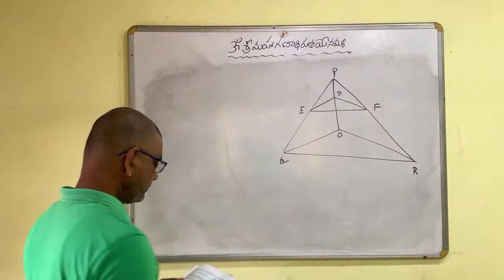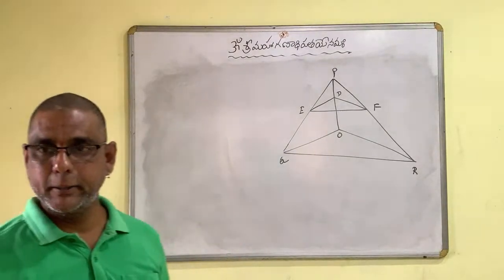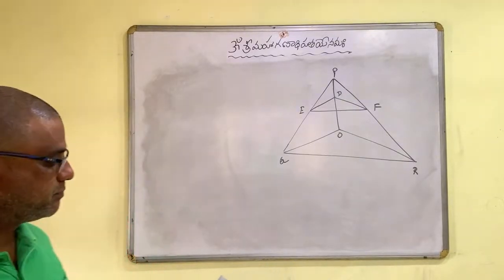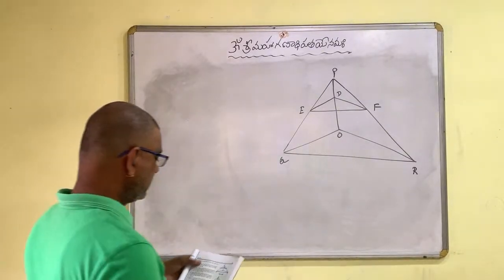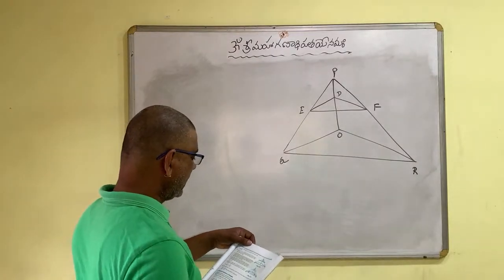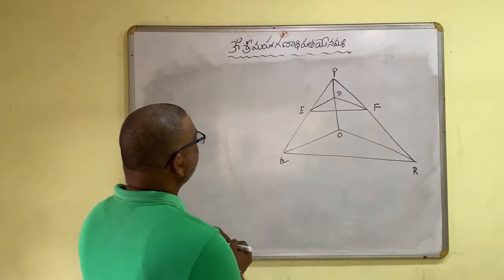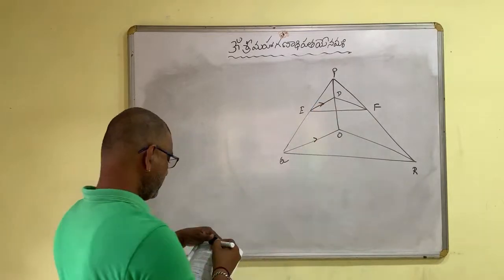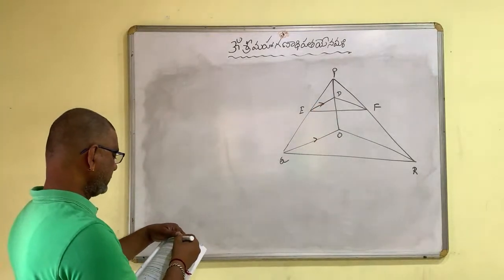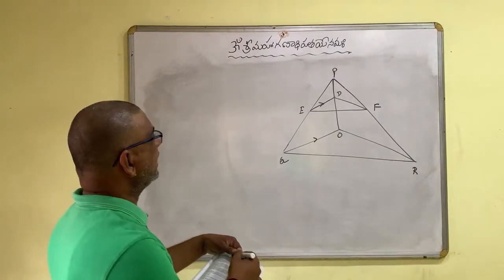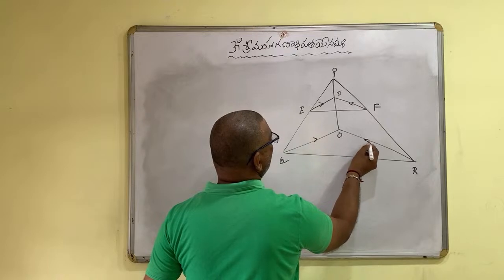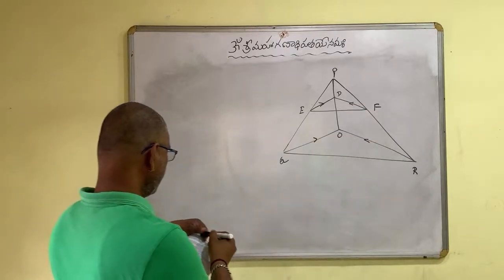Okay, na? This is the figure. What is given? DE parallel to OQ. These two are parallel. The other one is DF parallel to OR. That is also given.